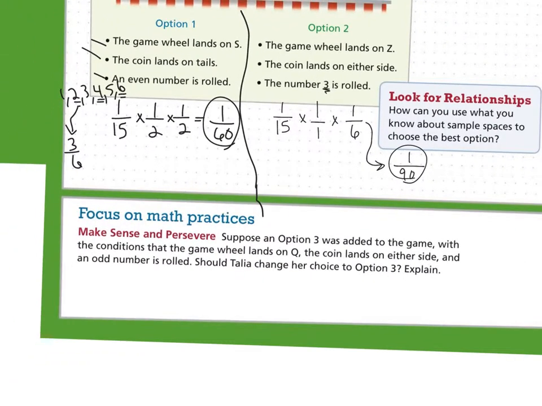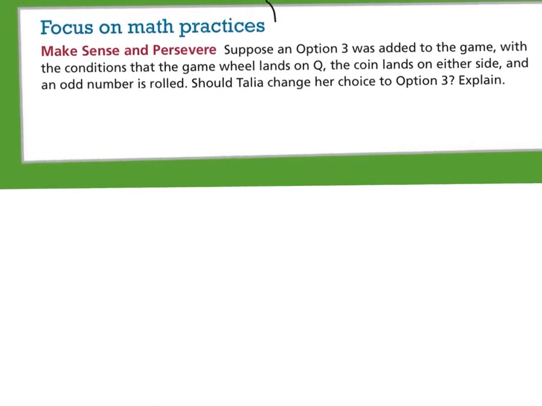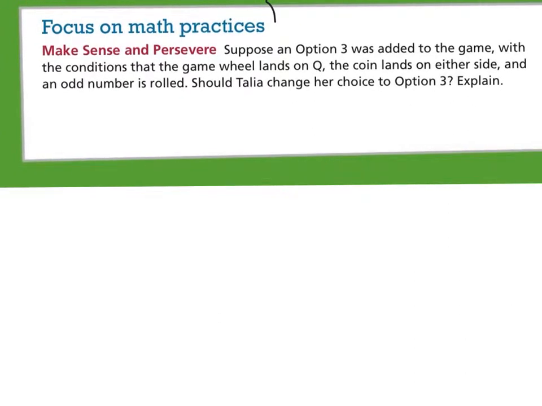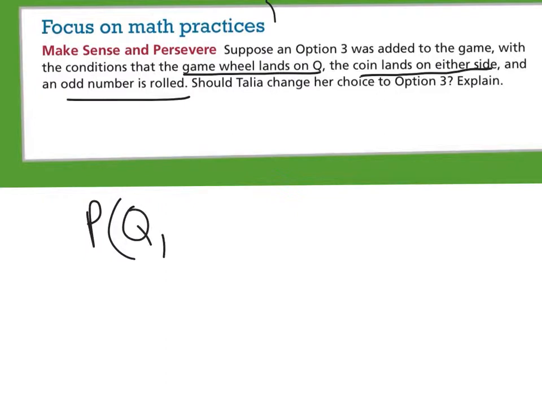So the bottom of the page, suppose an option 3 was added with the conditions the game wheel lands on a Q, coin lands on either side, and an odd number is rolled. Should Talia change her choice to option 3 and explain? Sometimes when you do these problems, it'll say P for probability and then in parentheses the different conditions.